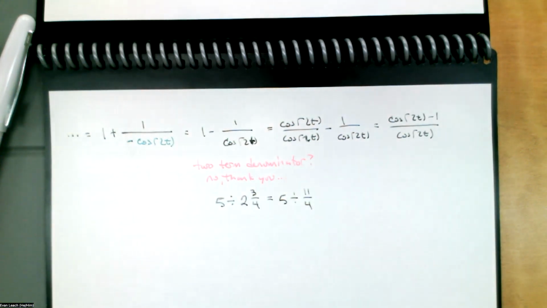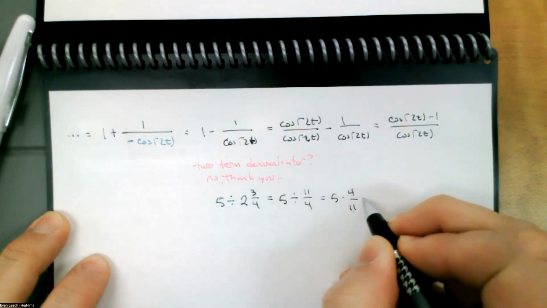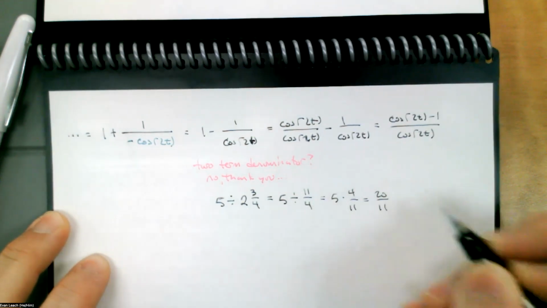Your strategy, besides just grabbing a calculator and saying what's 5 divided by 2.75, is to write the 2 3/4 as an improper fraction so that you can multiply by the reciprocal, nice and easy. So this is 5 times 4/11, 20 over 11.